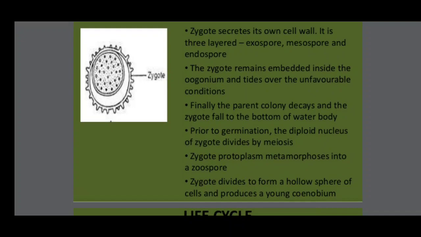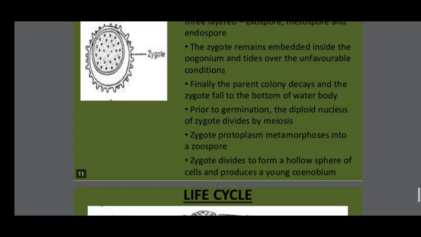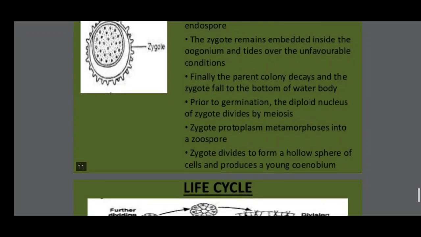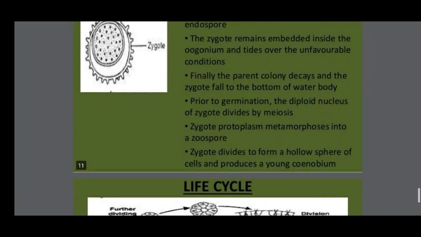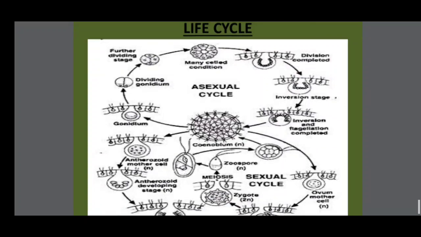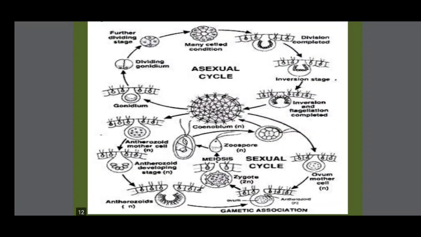Prior to germination, the diploid nucleus of the zygote divides by meiosis. The zygote protoplasm metamorphoses into a zoospore. It divides to form a hollow sphere of cells and produces a young coenobium like the asexual reproduction coenobium. So this is the life cycle: asexual reproduction, sexual reproduction. The plant is haploid.